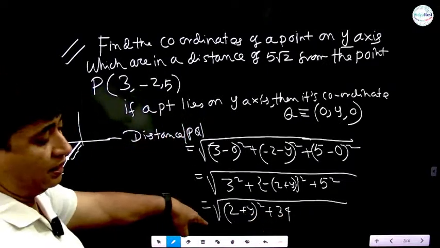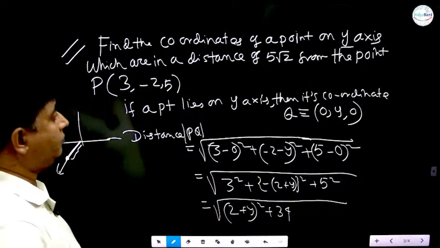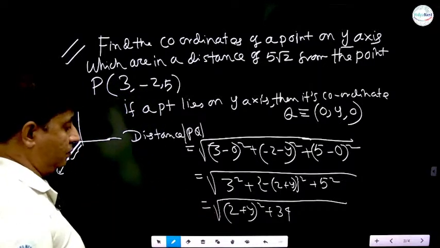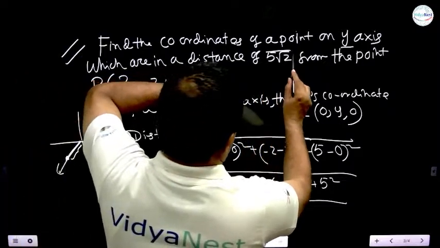So this is the distance, yes or no? Yes, sir. Now that distance is equal to 5 root 2.